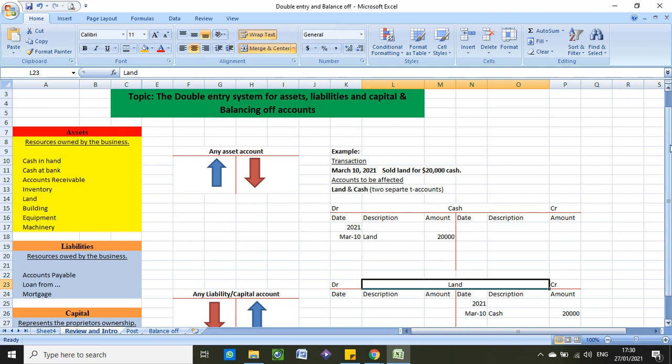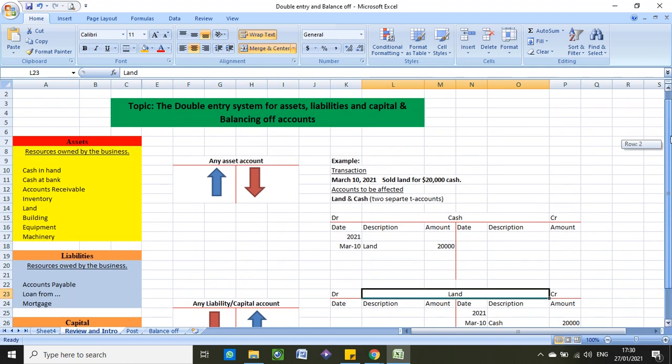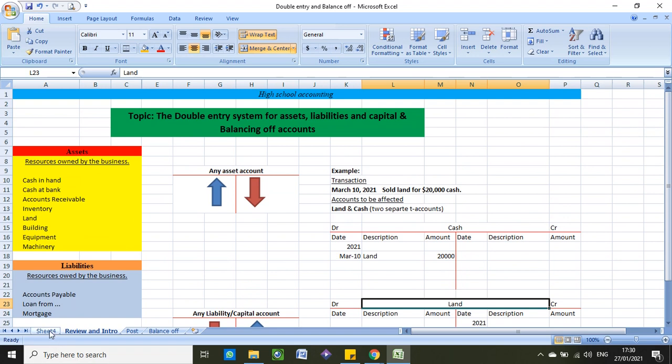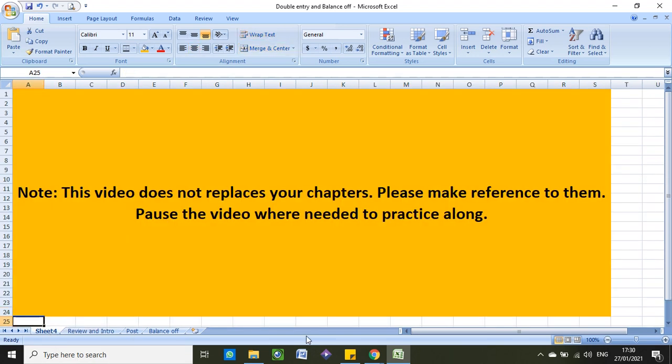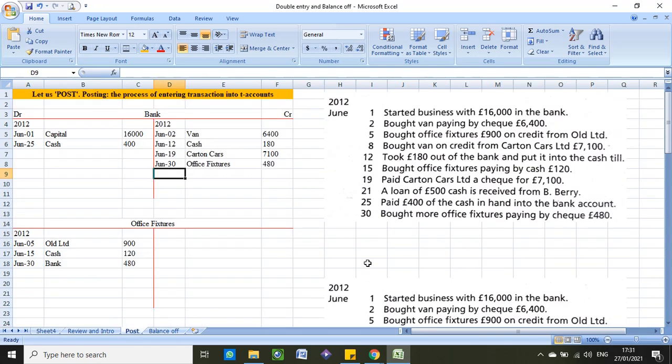Now let's get some practice with this. Here I have a list of transactions that I have posted already.